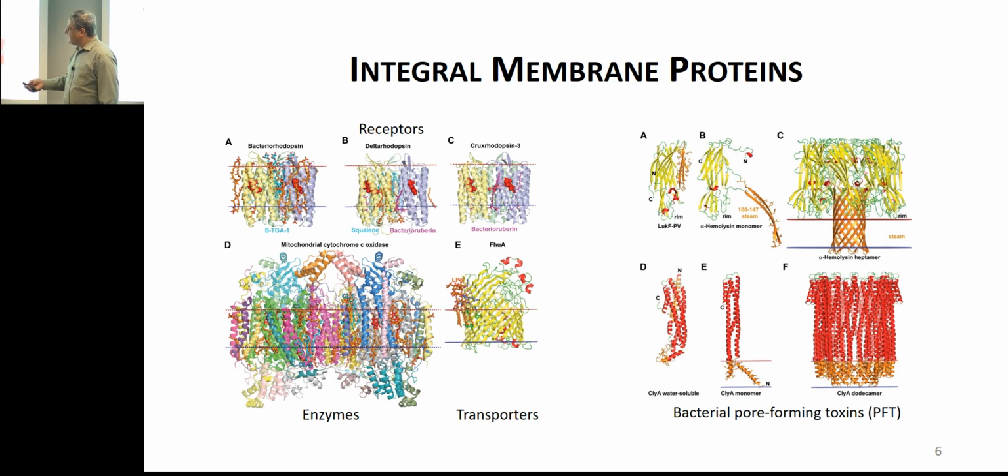And an important parameter is the distance between these boundary planes, because it defines hydrophobic thickness of transmembrane proteins. And this hydrophobic thickness may be different for proteins from different types of biological membranes of different classes.